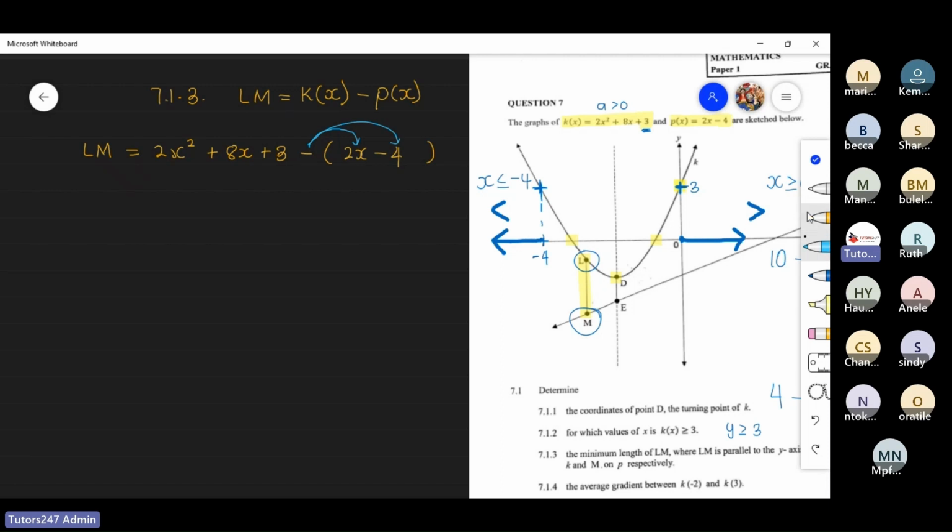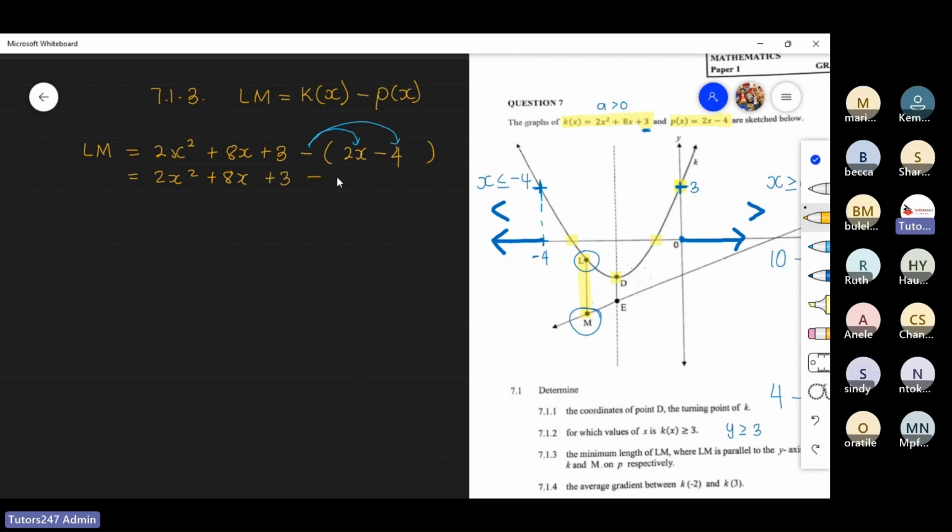Now, let us try to simplify this. So we're going to end up with 2x squared plus 8x plus 3. Negative times 2x is negative 2x, and negative times negative 4 is positive 4. From here, we can simplify this by adding up the like terms.